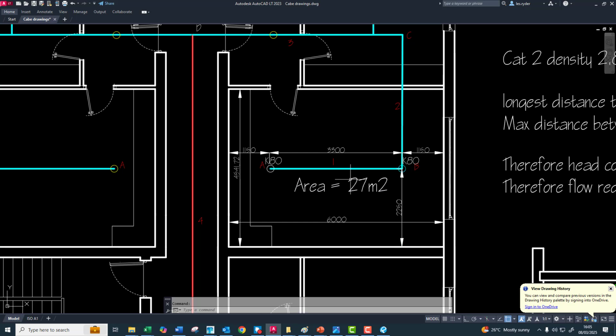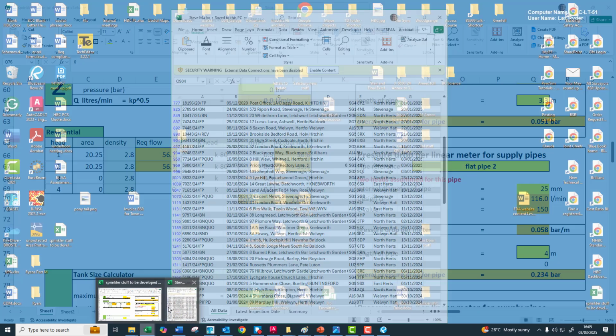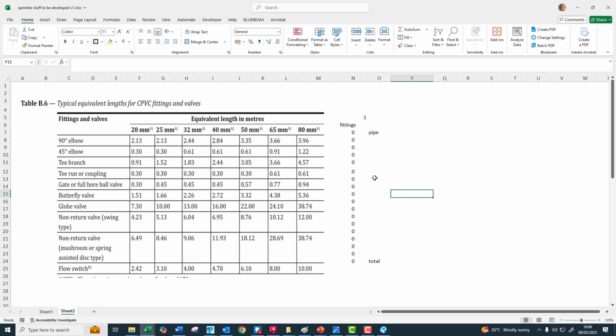So that gives resistance too. Now what this code does, in other codes I've seen you apply whatever the manufacturer's pressure drop value would be. But for this, they use this table that sits in Appendix B.